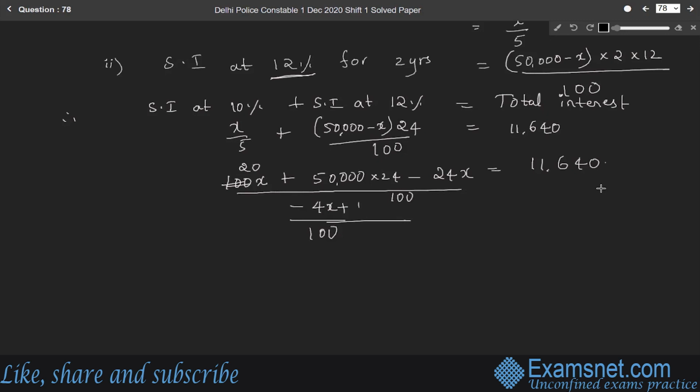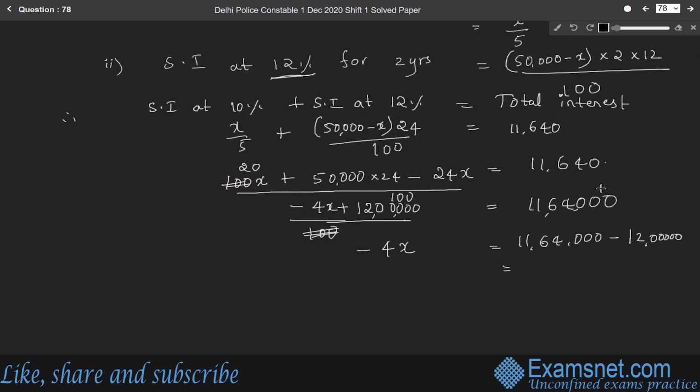So 12 lakh is equal to, in other words, we can strike out this 64,000. So it is 11 lakh 64,000. So minus 4x is equal to 11 lakh 64,000 minus 12 lakh rupees.